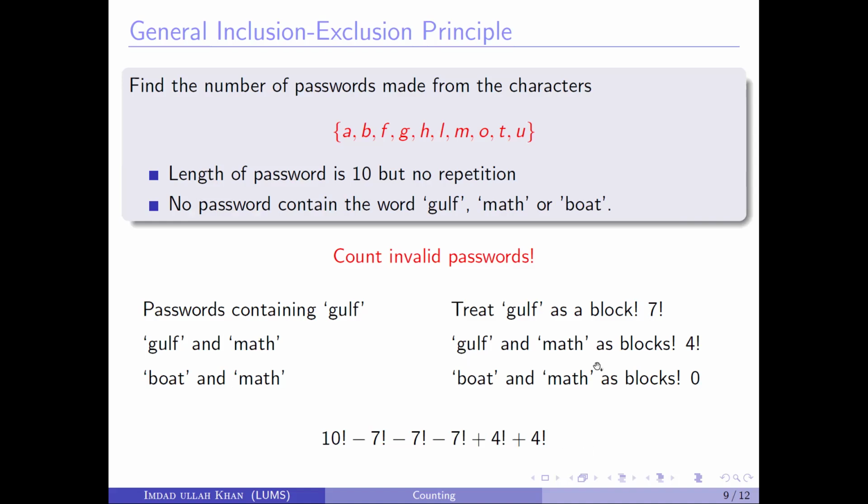So golf and math are being put back, and golf and boat are being put back in the final answer. We don't need to put back boat and math because that's 0.